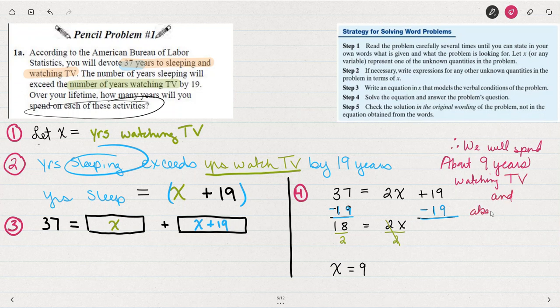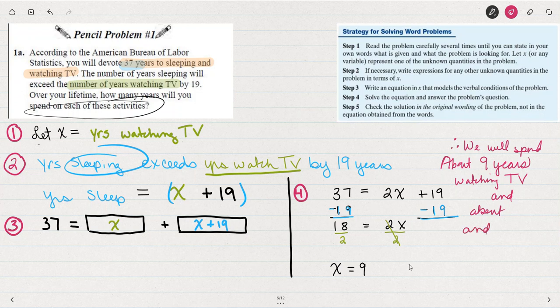And about, if I go back to this total, this 37 equals 2x plus 19. If I put the 9 in for x, then this 19 plus 9 would give us the years sleeping. 19 plus 9 is 28.